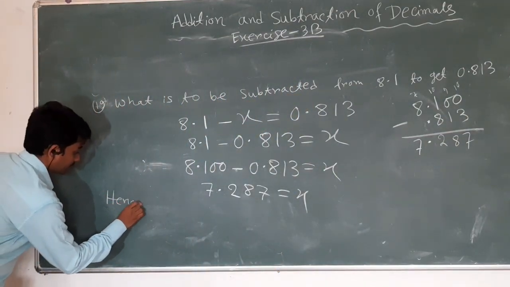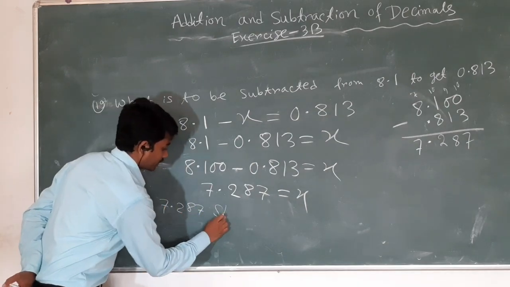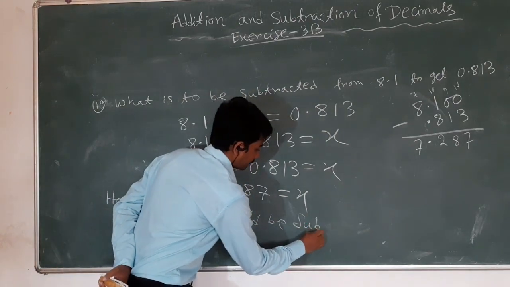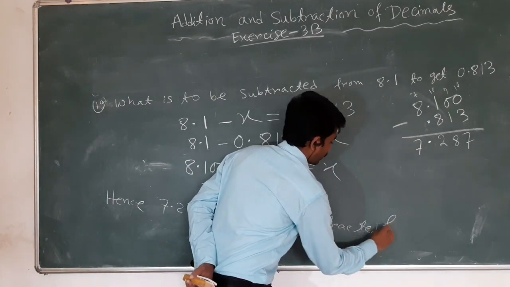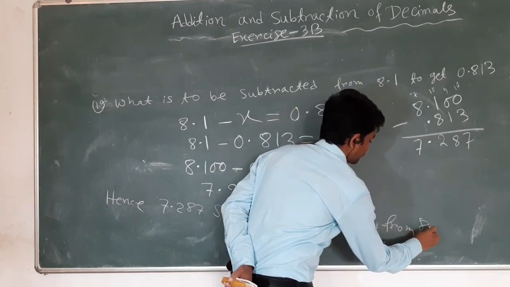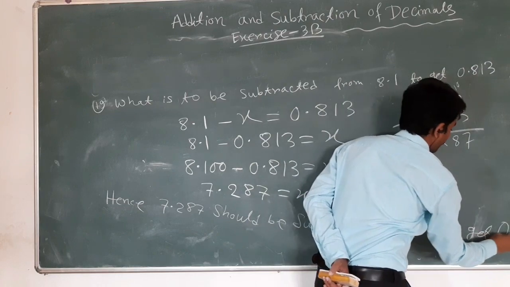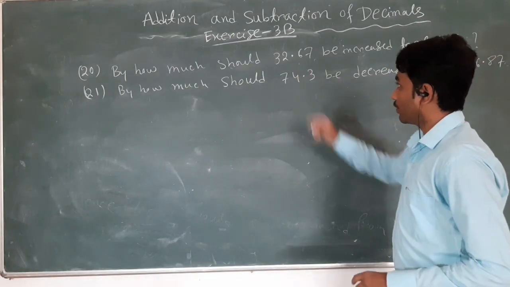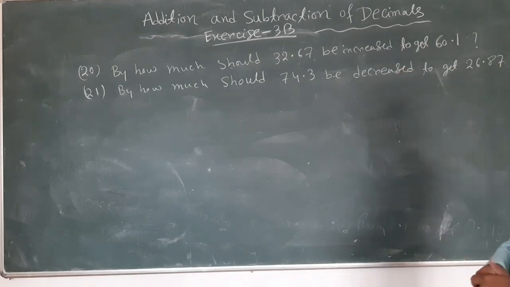7.287 to get 0.81. By how much should 32.67 be increased to get 60.1?